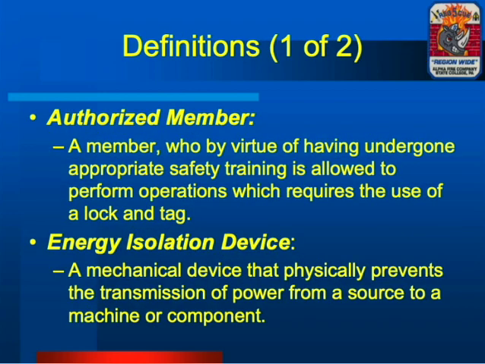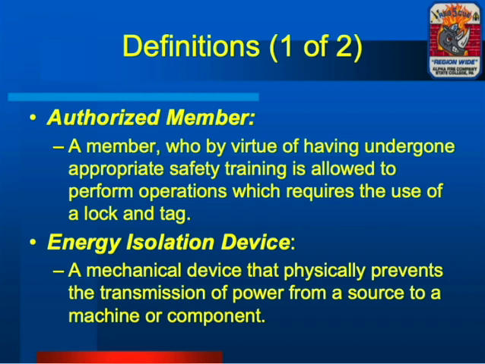So with that, there's a few definitions here. There's only 3 of them. An authorized member is somebody who, by virtue of this program or by training in the Alpha Fire Company, has demonstrated proper procedures to identify energy sources and then lock out and tag out those sources.